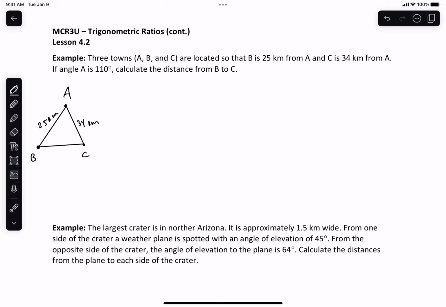You're just putting information on something that you could then use to solve for real stuff, right? Angle A is 110 degrees. It's looking for the distance between towns B and C.